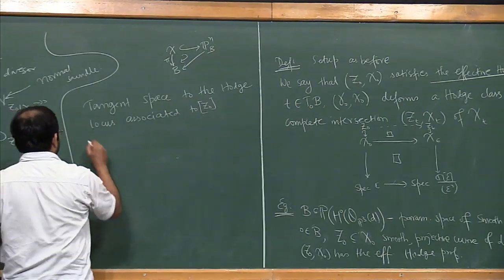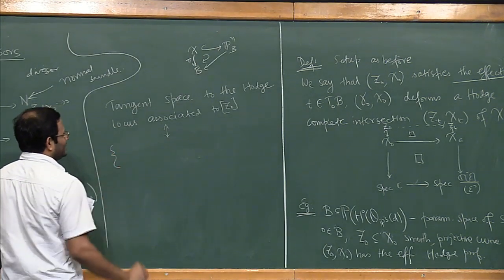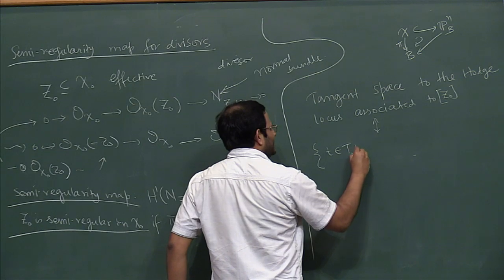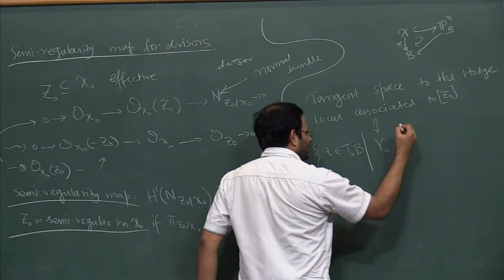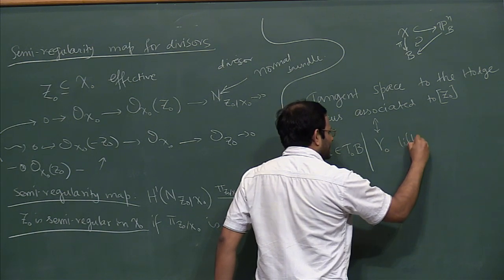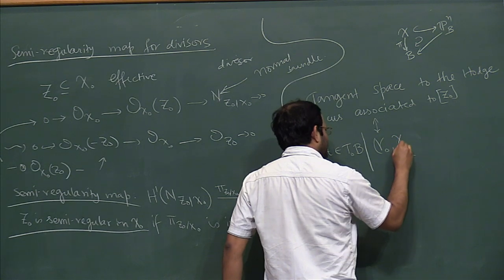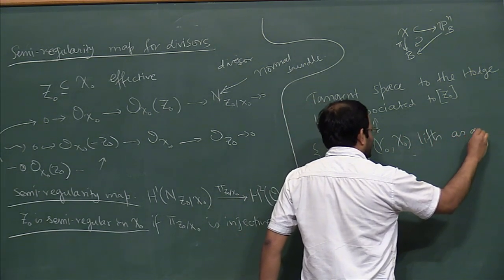These are in some sense the T in T0B such that gamma 0 lifts as a Hodge class.